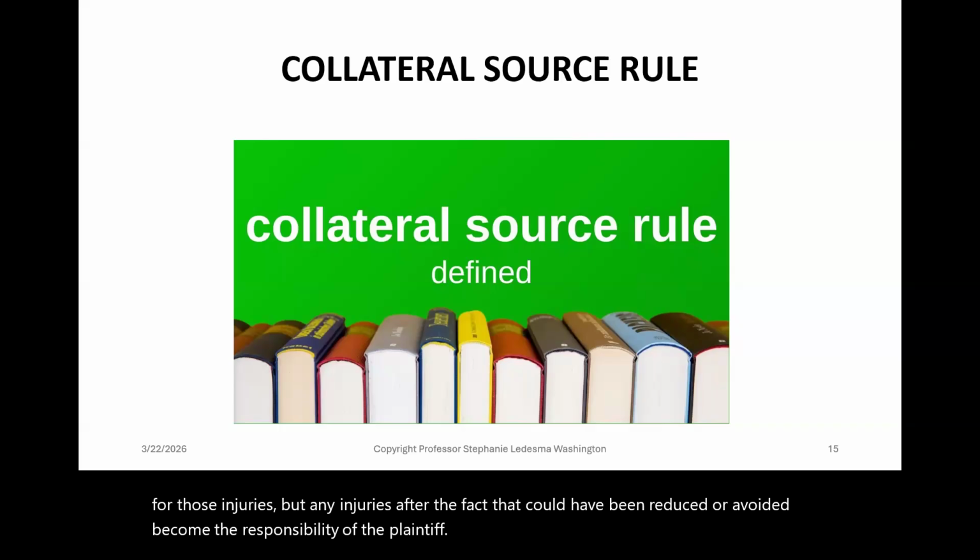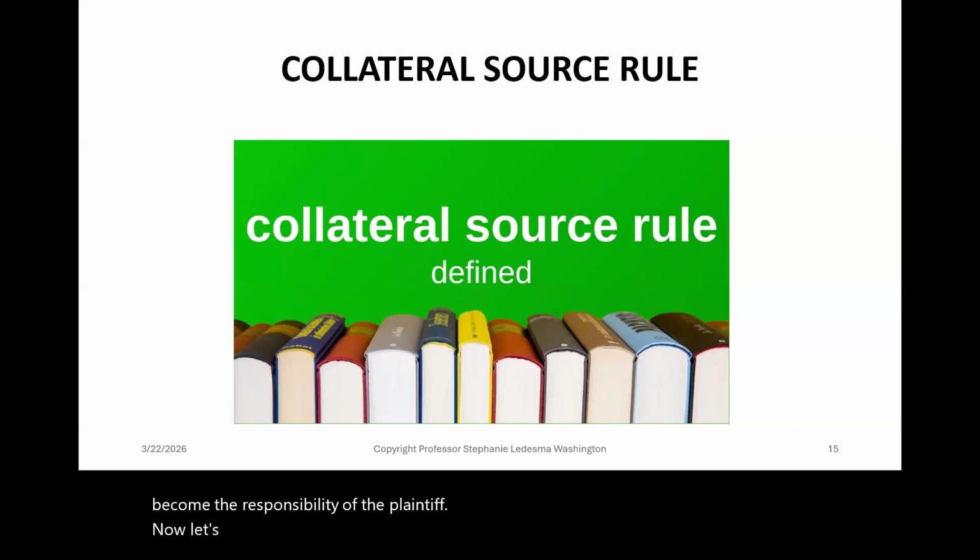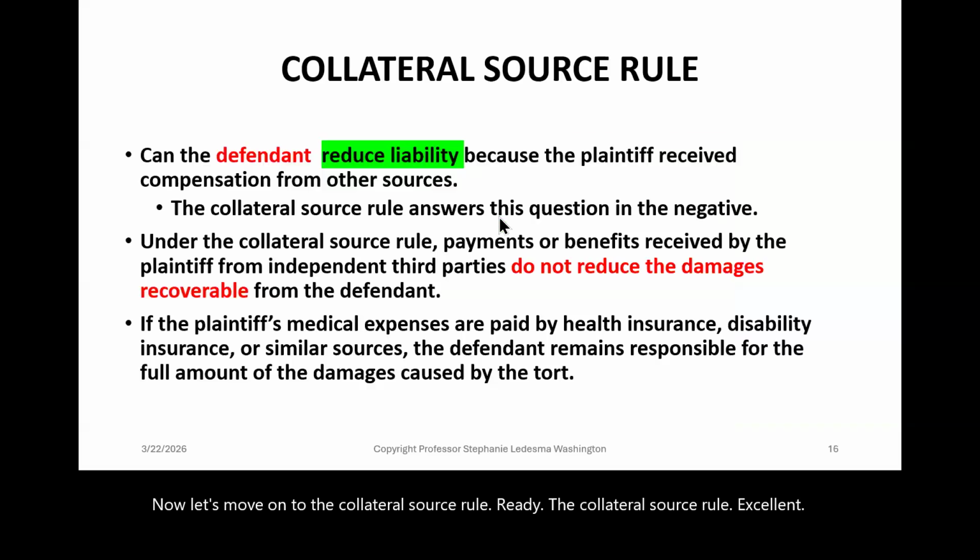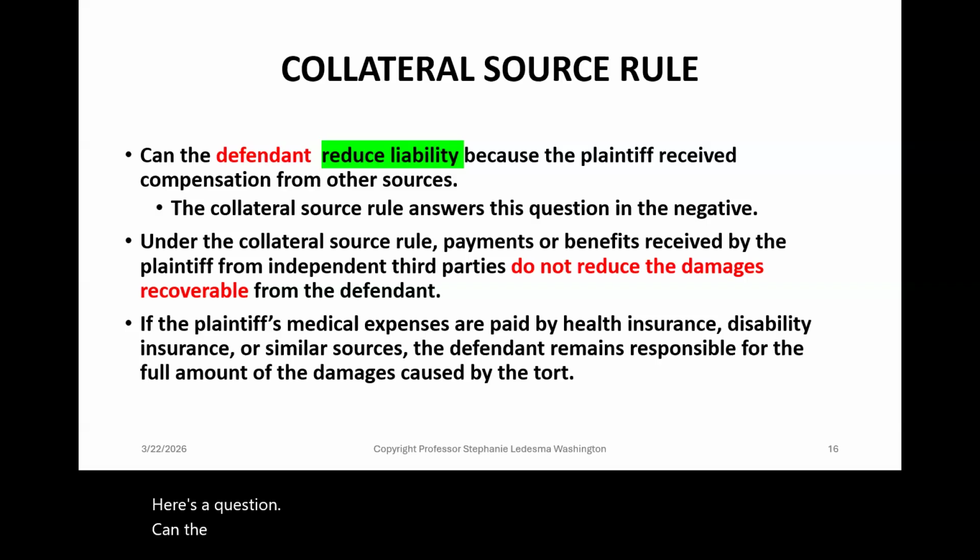Now, let's move on to the collateral source rule. Ready? The collateral source rule. Excellent. Here's a question. Can the defendant reduce liability?